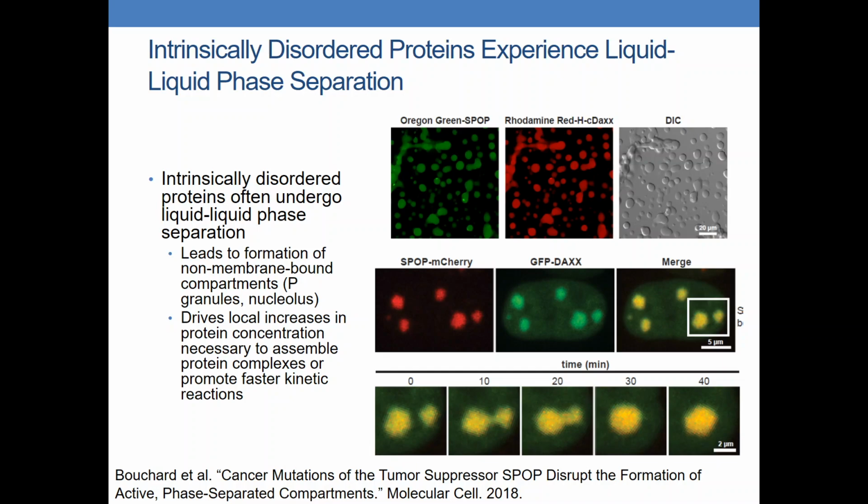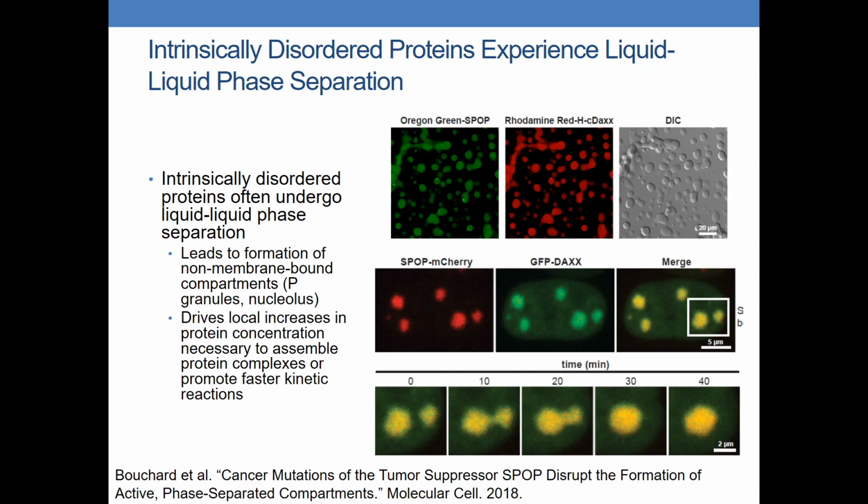So this is pretty cool because this is something that doesn't happen for proteins that don't engage in these liquid-liquid phase separation processes. So this is something that is specific to intrinsically disordered proteins.